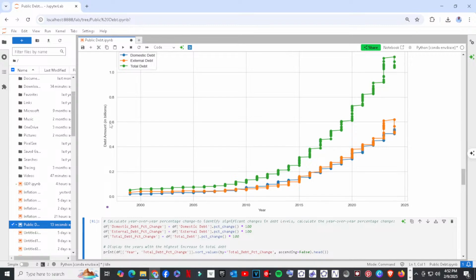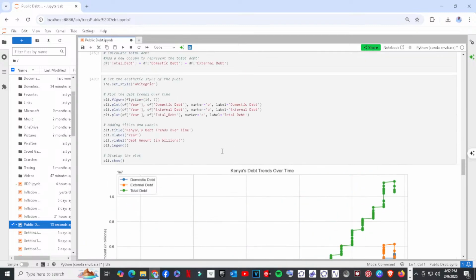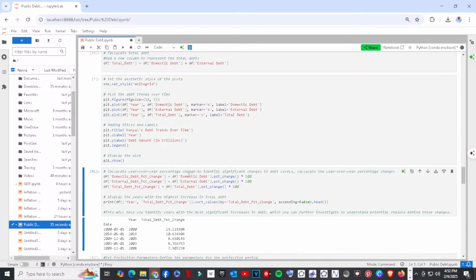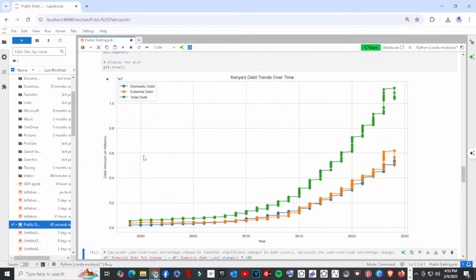This is now in trillions. Debt amount in trillions.